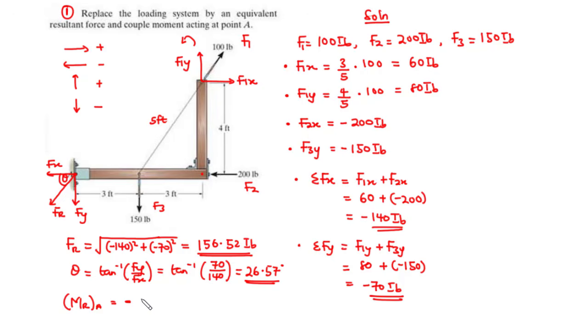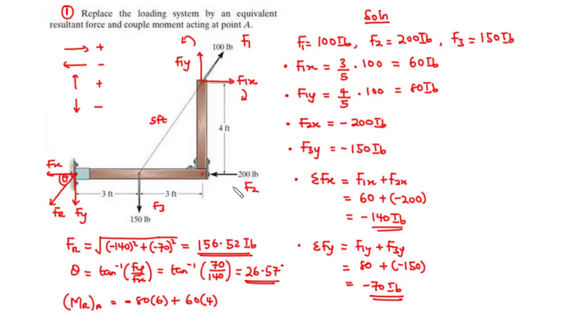So that is negative 80 times perpendicular distance 3 plus 3 from A is 6. Then you move on to F1x. This is the perpendicular distance 4 feet. So you are going to move in the clockwise direction. So plus 60 times 4.